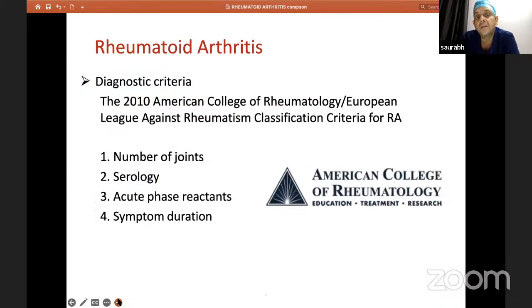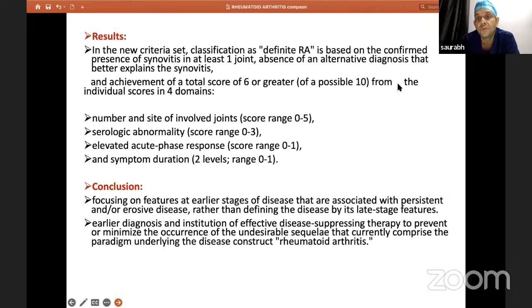Then the diagnostic criteria, this is the one we are using in London, Europe, or America also. I'm sure this is the one used everywhere. I will encourage you to have a read of this paper by the American College of Rheumatology. Basically, they created a total score of 10, and a score of 6 or greater in these 4 domains equals a diagnosis of rheumatoid arthritis.